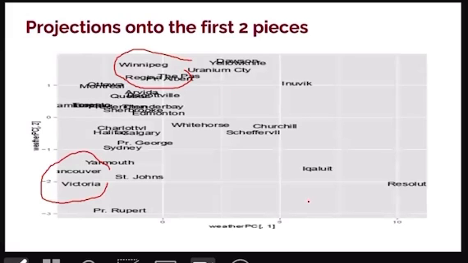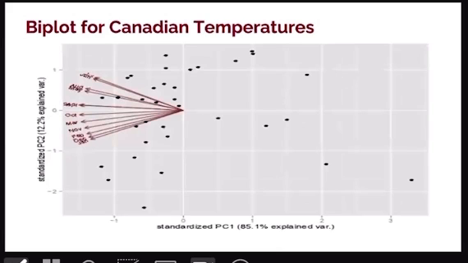Now, I need you to pay attention to this. There's another biplot for the same Canadian temperatures. What is the black dotted line? The black points are the cities that I talked about, the weather cities.